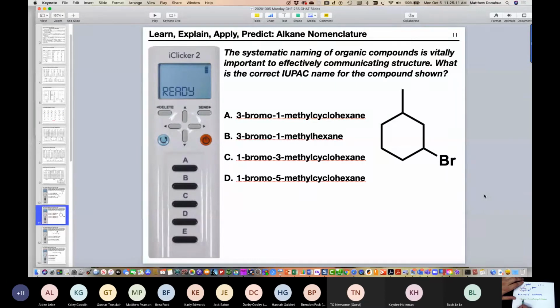The one carbon has the bromo substituent. The number and the substituent are separated by a hyphen. So these two go together. They are then separated by another hyphen. The 3 is associated with the methyl. There's no space between the substituents and the parent. So the correct answer is 1-bromo, 3-methyl cyclohexane.